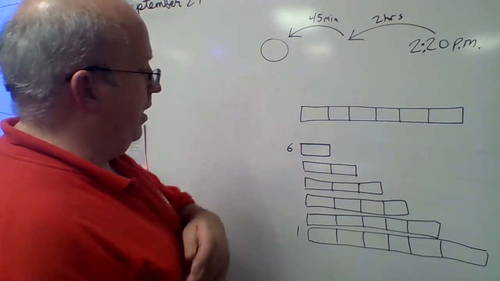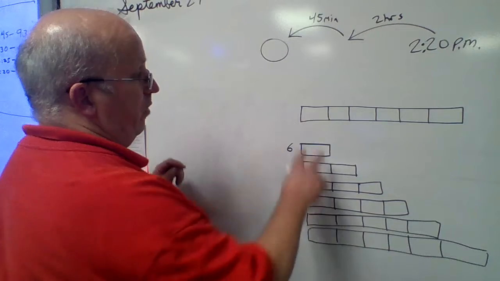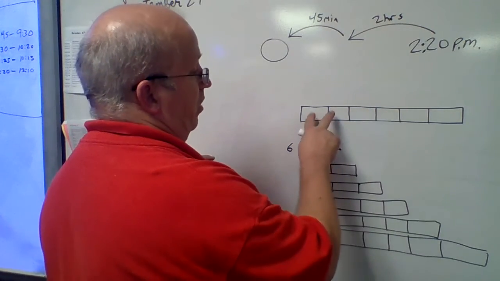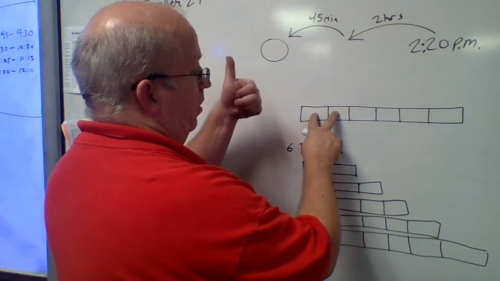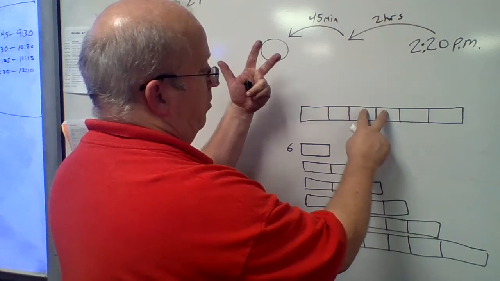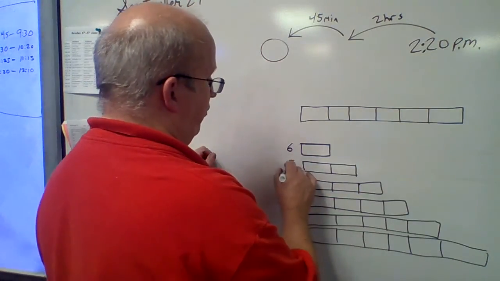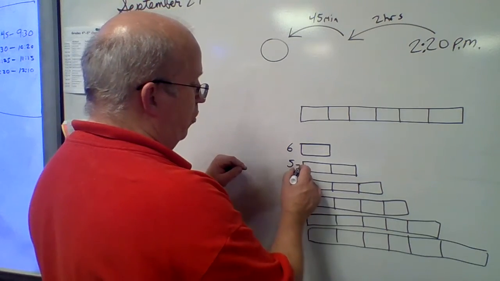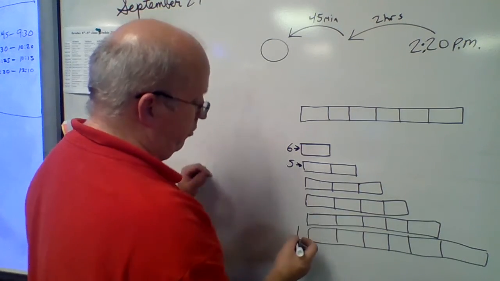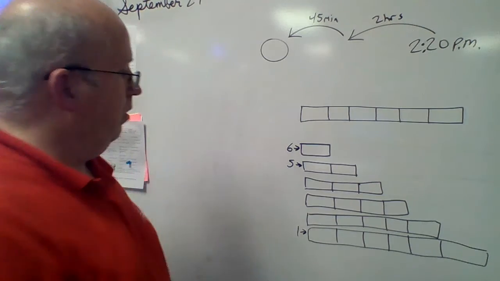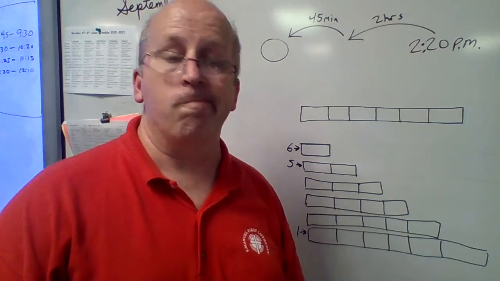I wonder if there's a pattern in all of this. How many of them are there that are 2 in size? Well, there's these 2. That's 1. These 2. That's 2. These 2. That's 3. These 2. That's 4. And these 2. That's 5. There's 5 of them that are 2 in size. I wonder if there's a pattern there.